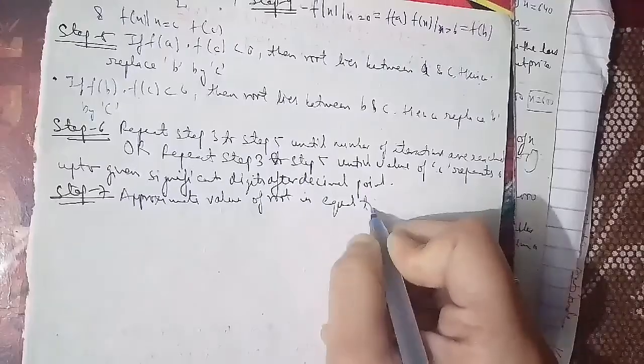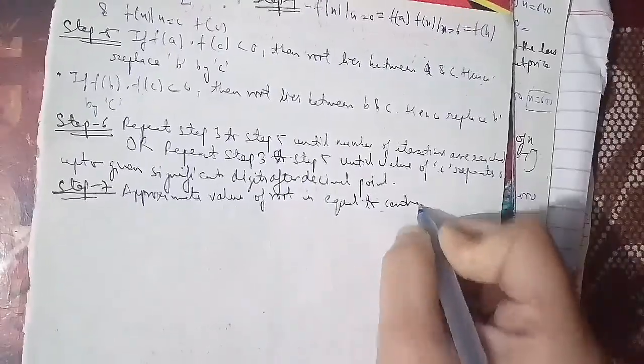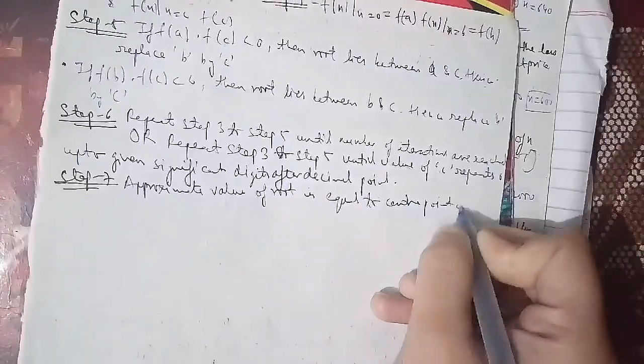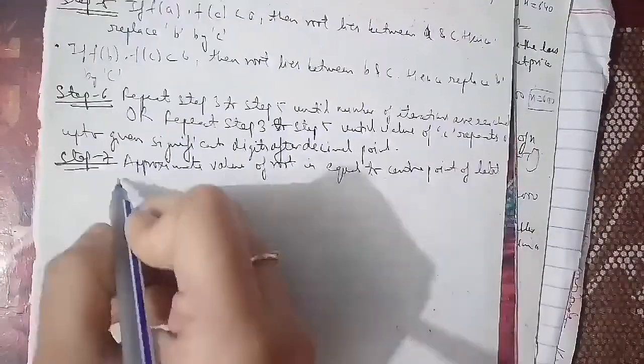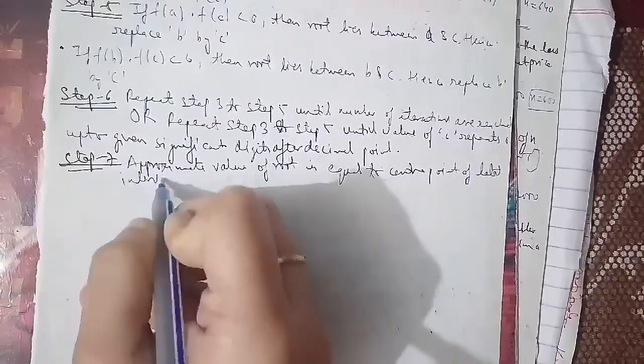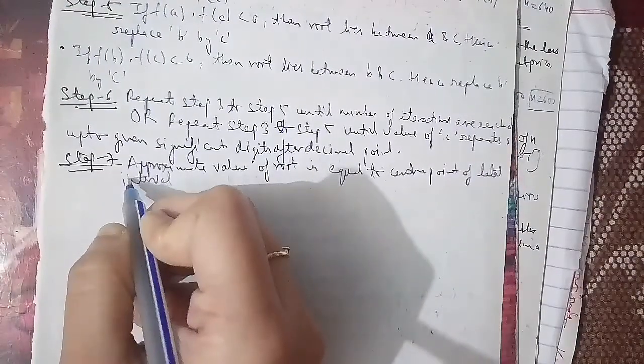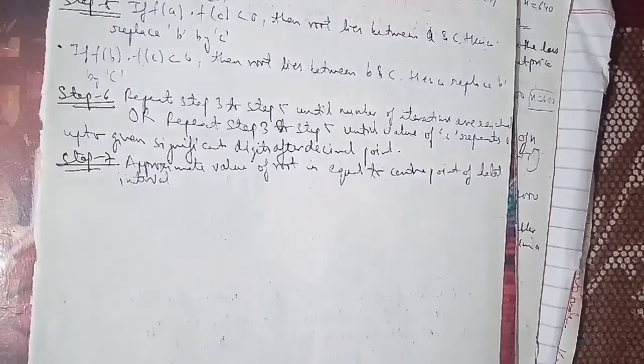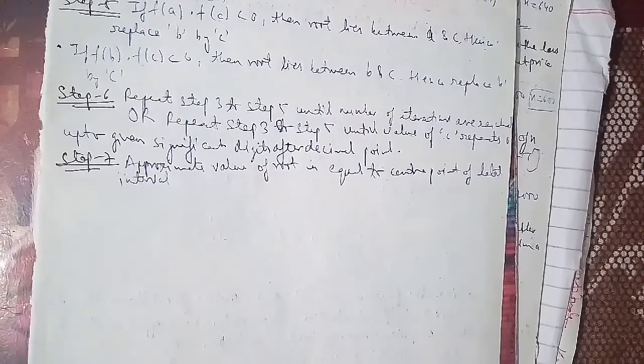And on the same phase, we'll go ahead for step 8, that is the last. In that, display the approximate value of root, and stop.